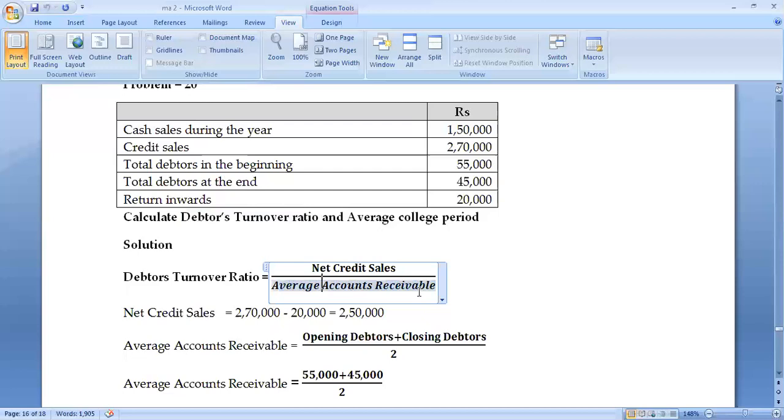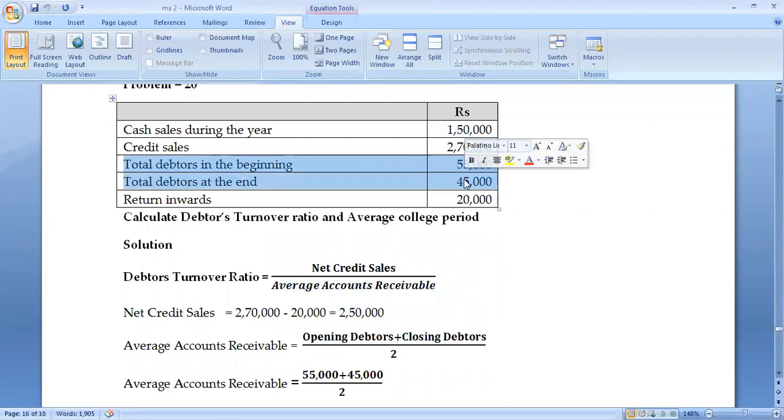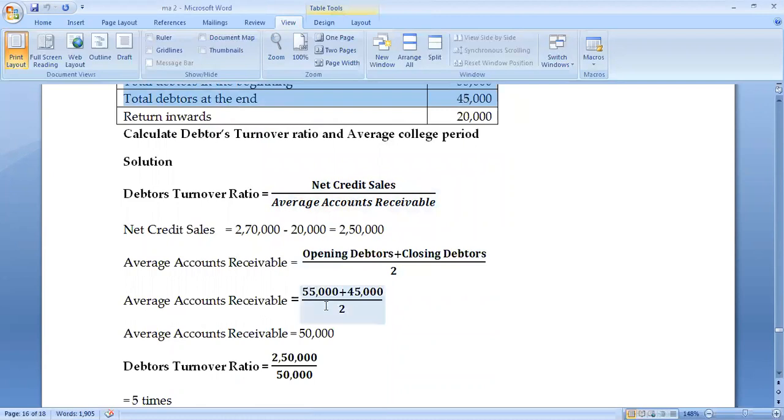Sometimes debtors in the beginning as well as total debtors at the end will be given. So you need to take either of this information into consideration for the average accounts receivables. Make a note: total debtors in the beginning is given, along with the total debtors at the end. Add them and divide by 2, and you'll get the average accounts receivables. So the average accounts receivable comes to 50,000.